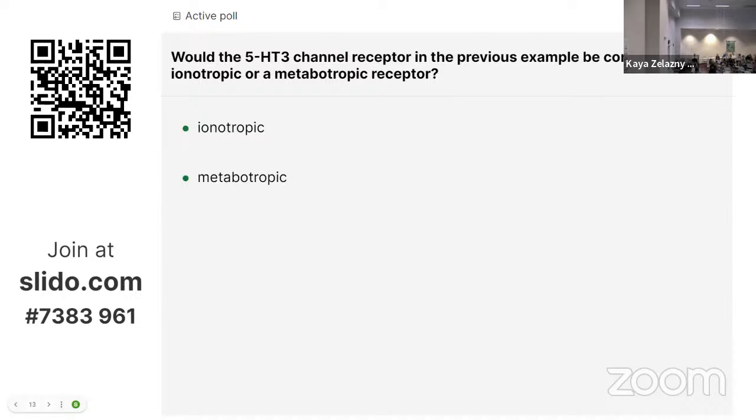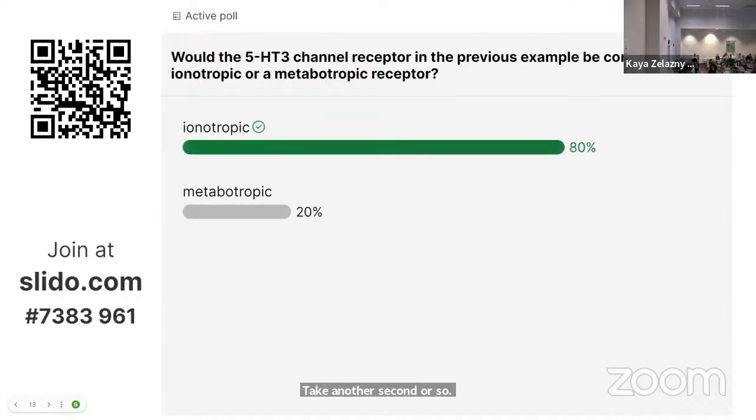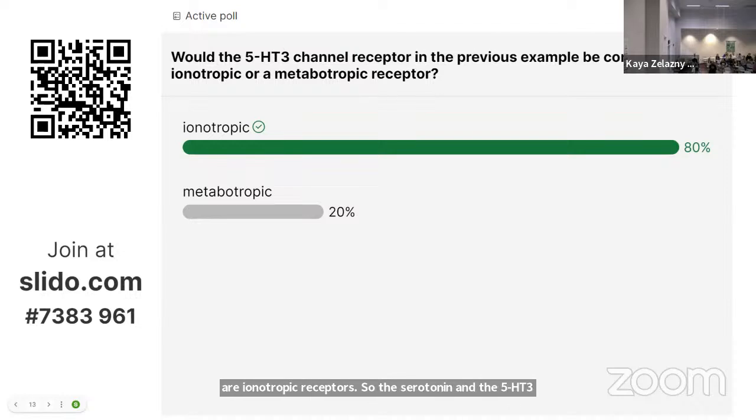Great. Yes, our channel receptors are ionotropic receptors. So the serotonin and the 5-HT3 channel receptor are describing a system using an ionotropic receptor.